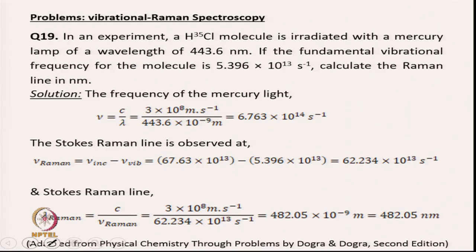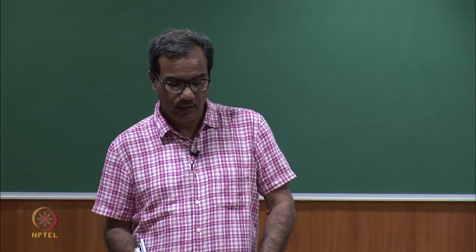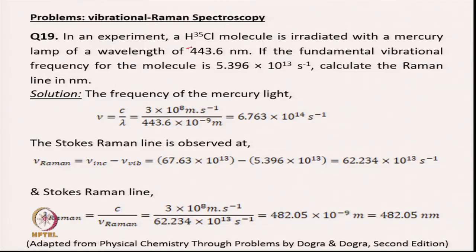Now, next question: a 35Cl molecule is irradiated with a mercury lamp of a wavelength of 443.6 nanometer. If the fundamental vibrational frequency for the molecule is this second inverse, what we need to calculate is the Stokes Raman line in nanometer.